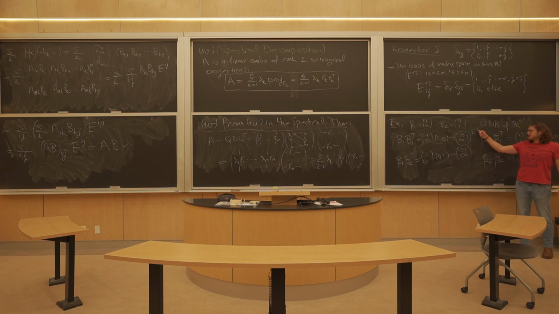But E11 subscript 2, 2, for instance, is the 2, 2 entry of E11, which is 0. Okay? So this is E12. It's just a way of iterating these basis elements. Okay?